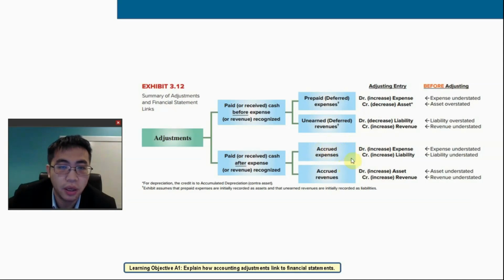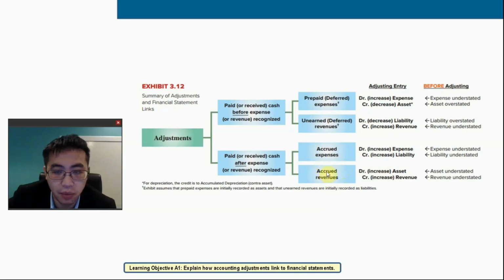All right. And right here, you have accrued revenues. Accrued revenues basically is accounts receivable coming from the service you have done today, recognized today, but you are not paid yet. Okay, you have not received payment yet.